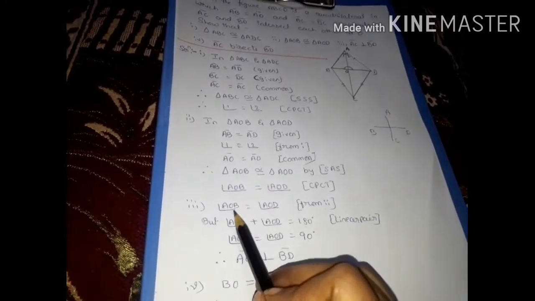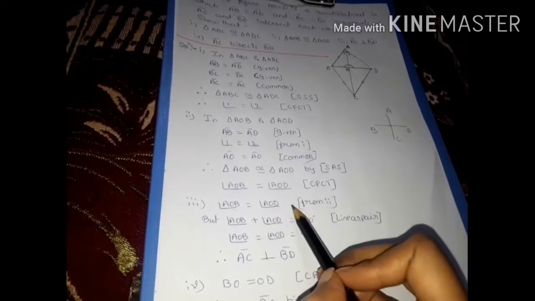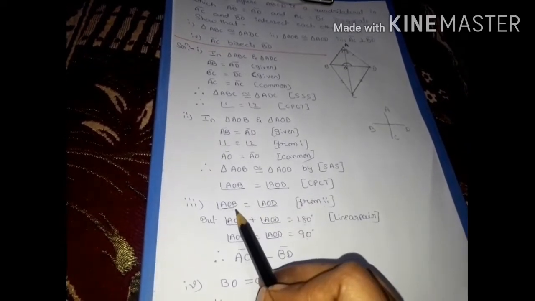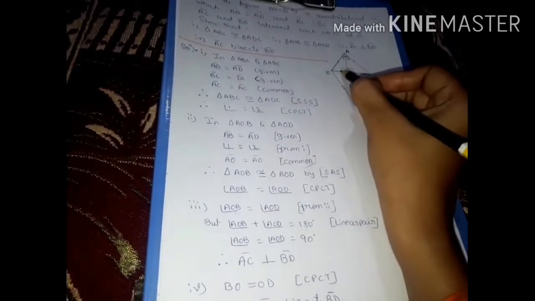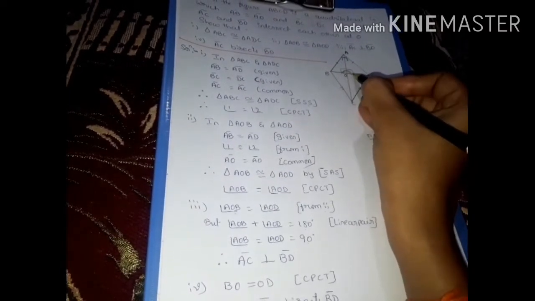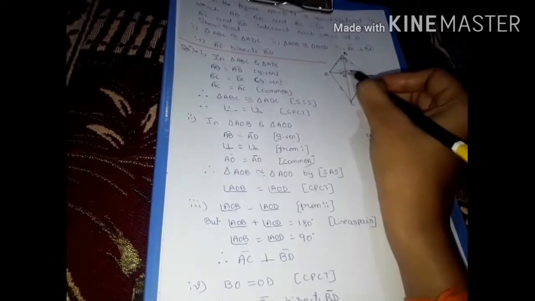Because AOB equals AOD and they form a linear pair, each angle measures 90 degrees. 90 plus 90 gives 180 degrees.